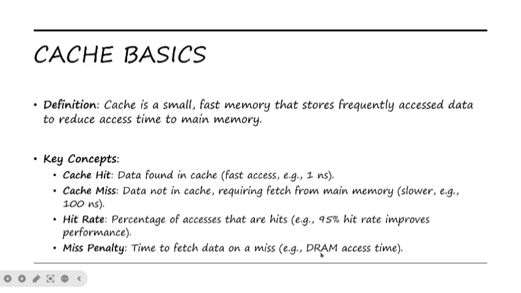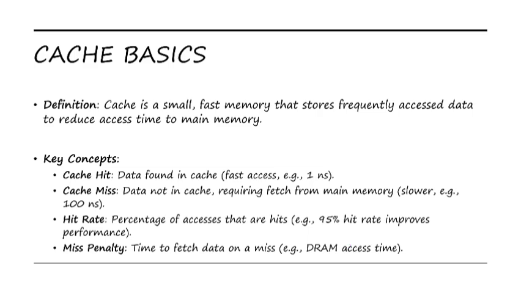Example, DRAM access time. In short, cache speeds up your computer by quickly providing the data it uses most often.